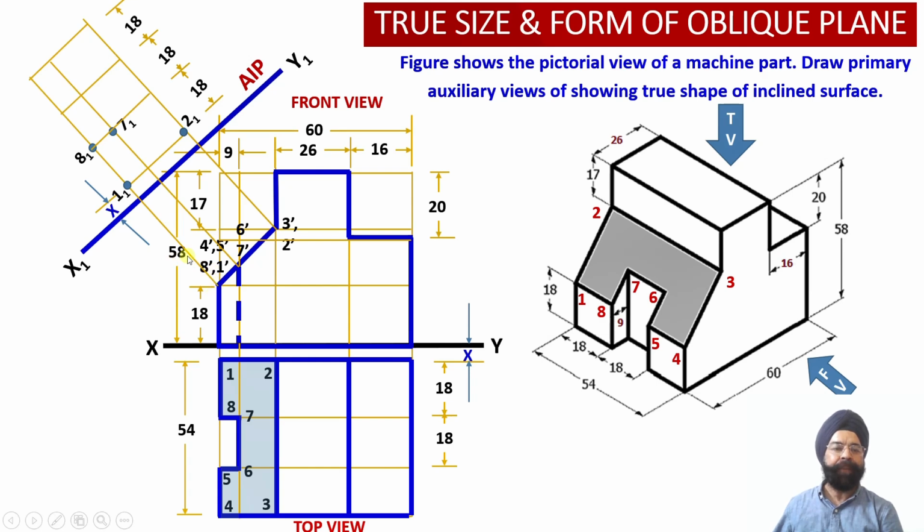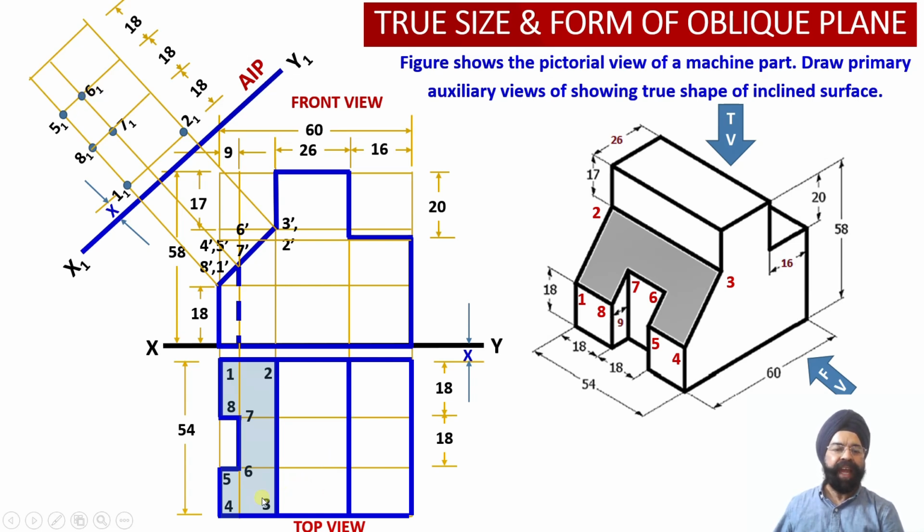As we move along this line, at a distance of x plus 36, the point number 5 will be located. Similarly, this is the projection line corresponding to the point 6 dash, and as we move along this projector line, at a distance of x plus 36, the point number 6 will be located. So this is the location of point 51, and this is the location of the point 61 over here.